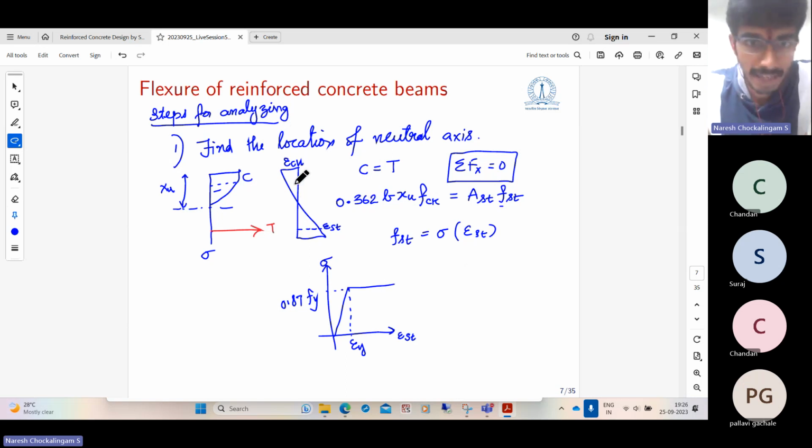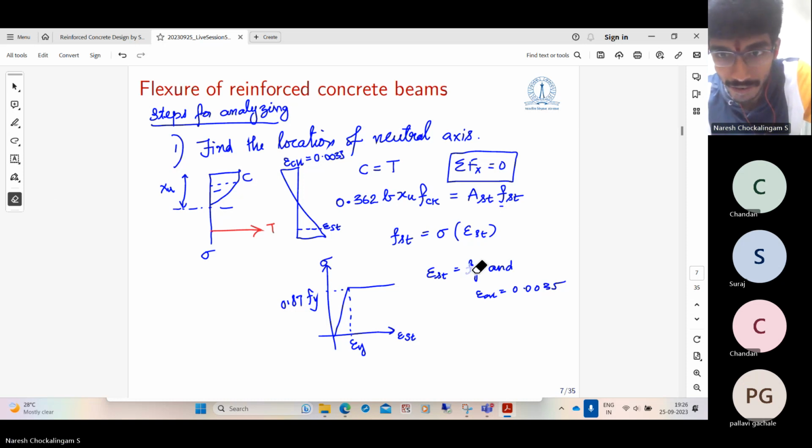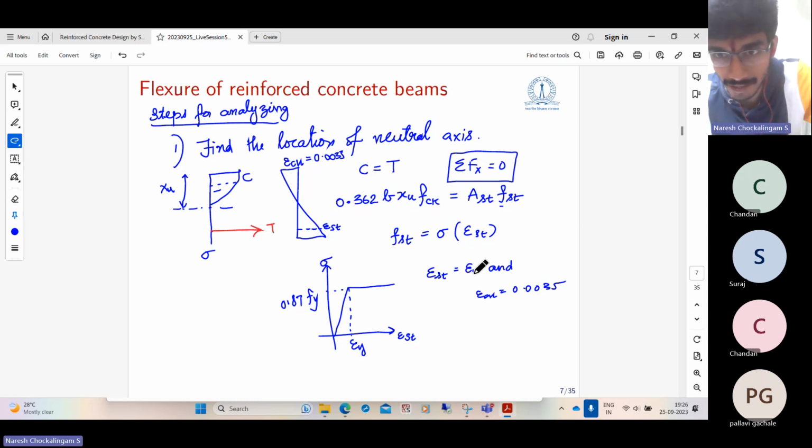Depending on this, when the compressive strain in the extreme fiber in concrete reaches 0.0035, if the steel is unyielded, we call it an over reinforced section. If epsilon st is equal to epsilon y, so it yields just at the point where epsilon cu is equal to 0.0035, Fy is the yield stress, so this is the yield strain.